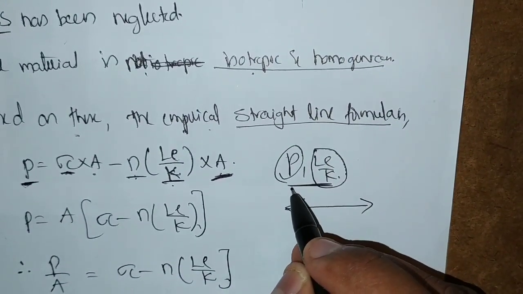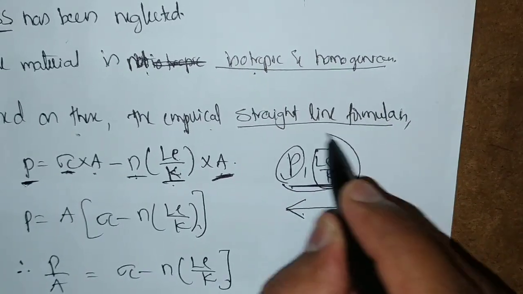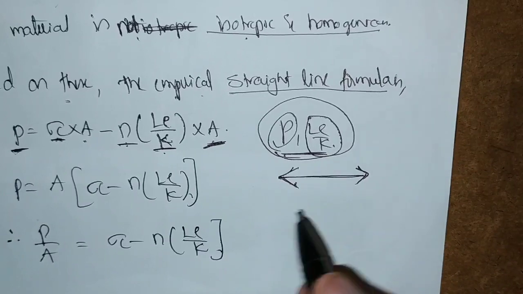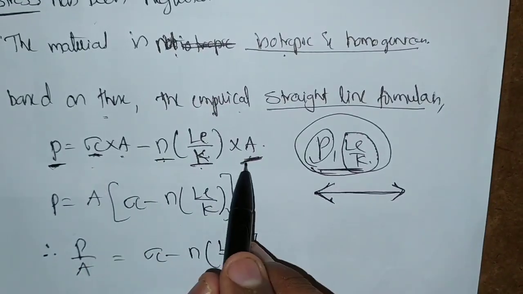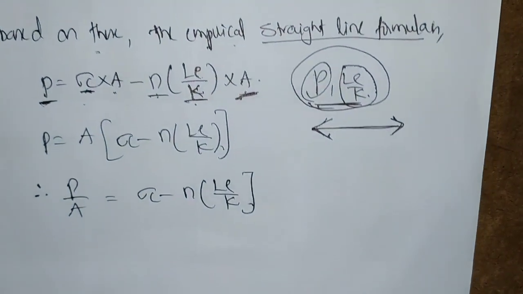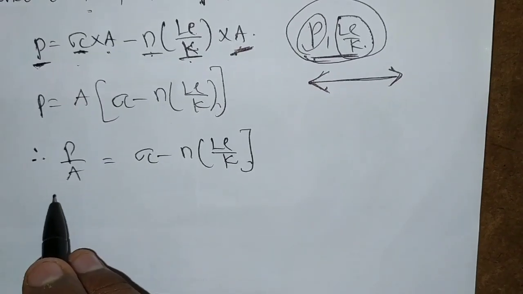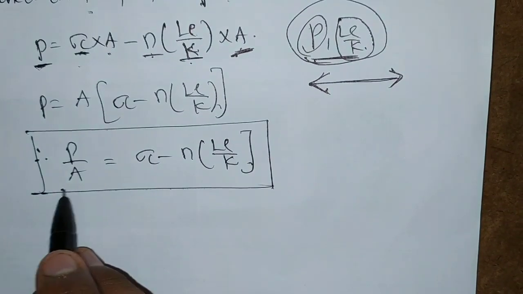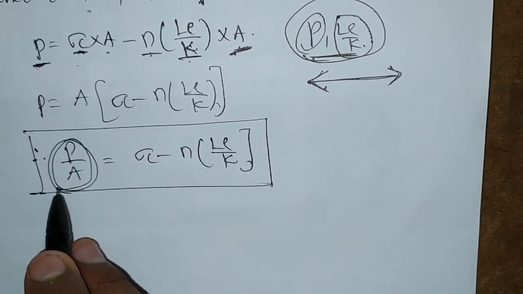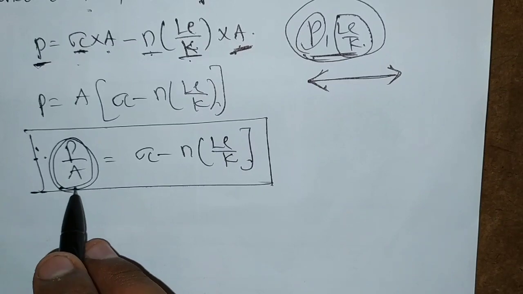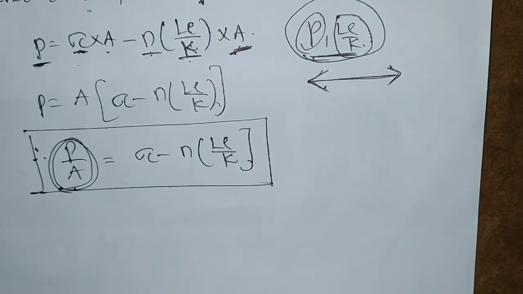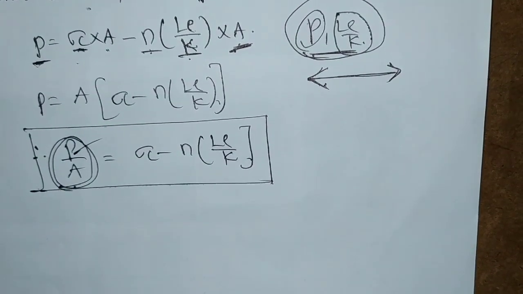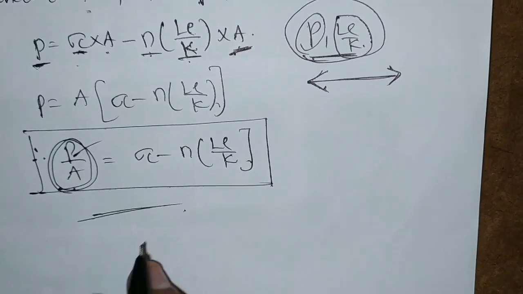If you plot the figure, these two values will come in a straight way. Here the value of P by A represents the load corresponding to the area A. So this is known as the straight line formula.